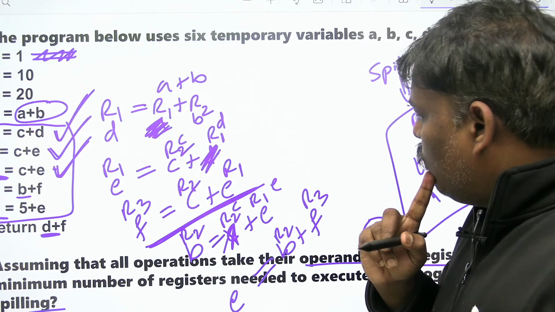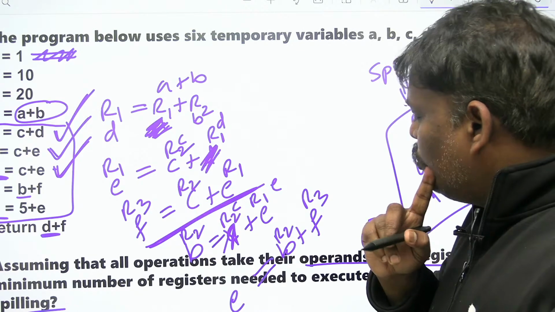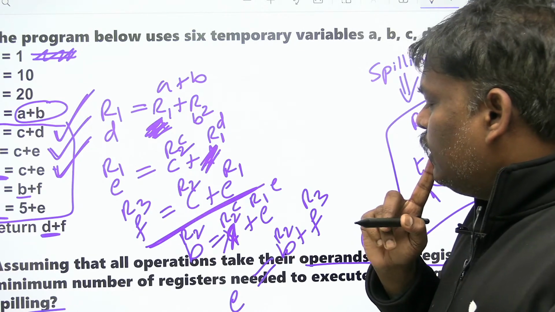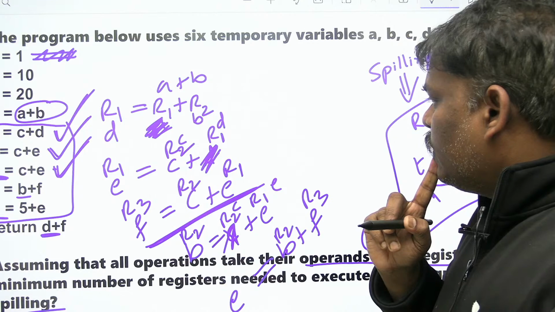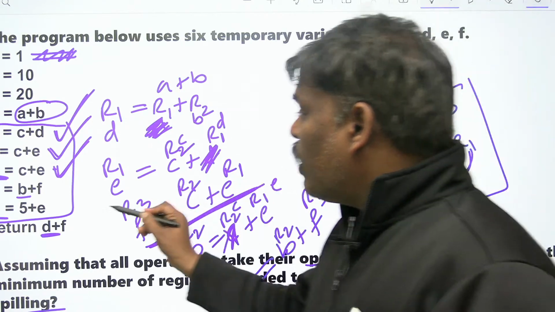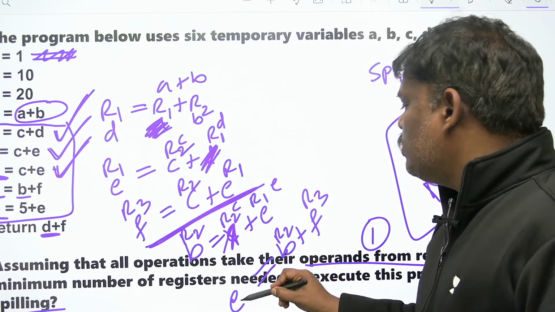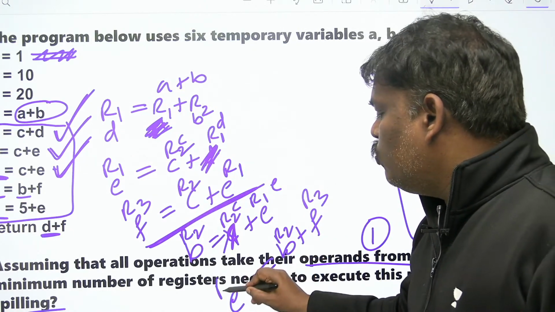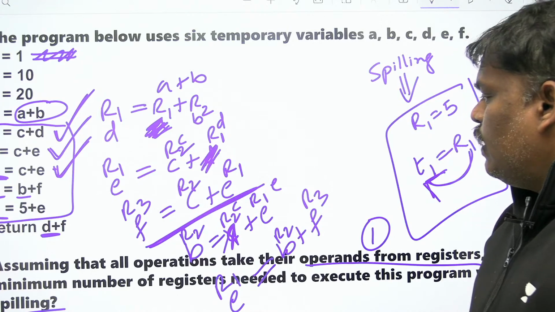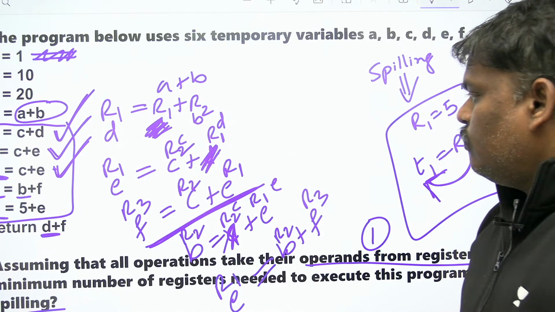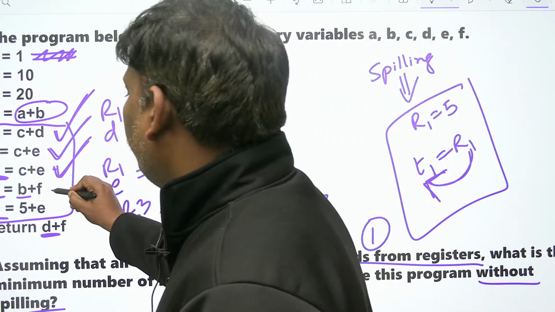Where is the R1 now? R1 is E. Can I use R1? E is coming further, but it is a new E. So no problem at all. You can happily use it. So the answer is R1, you can use it. So this is also completed.